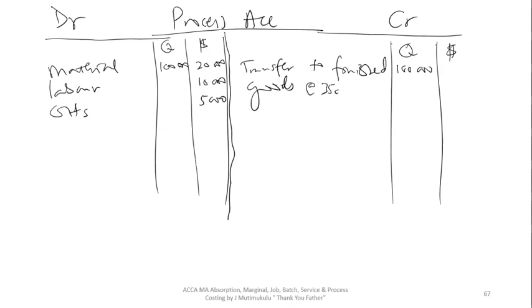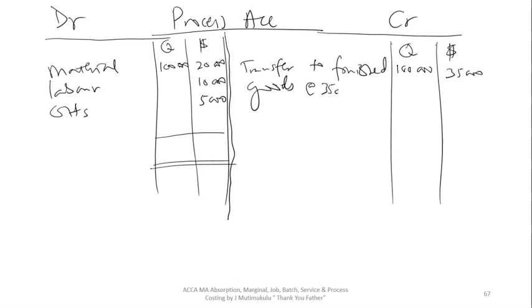Okay, so with this information, we can actually complete our table to see that if they were transferred at 35 cents, therefore the total output, the cost of output, should be 35,000, because 100,000 multiplied by 35 cents, that's 35,000. All right, then we have to total up our columns.